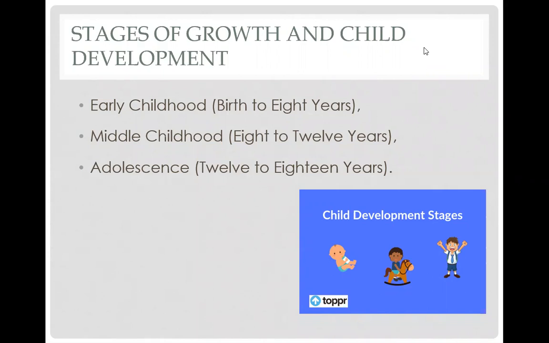They are: number 1, physical development. Number 2, cognitive development, in bracket, you can write down mental development. Number 3, social and moral development. Number 4, emotional development.